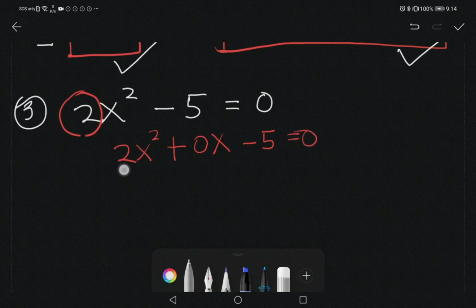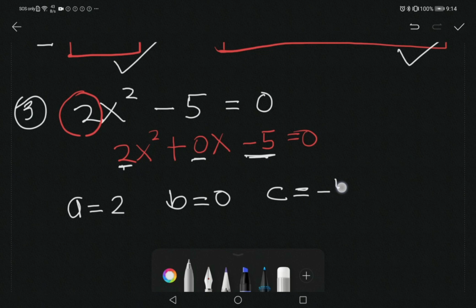So ang imong a mao ni siya, imong b mao ni siya, imong c mao ni siya. So a is 2, b equals 0, and c equals negative 5.